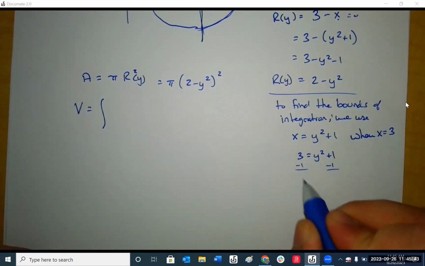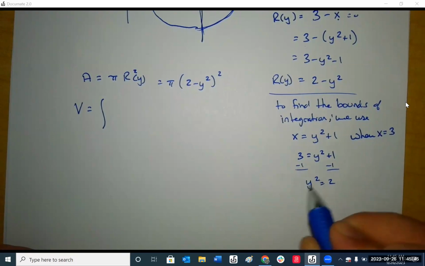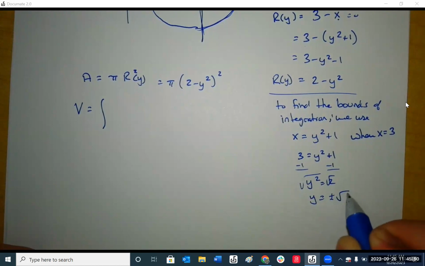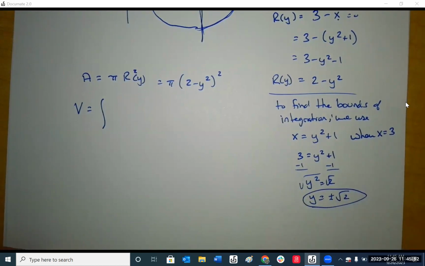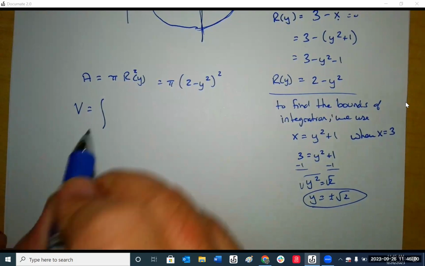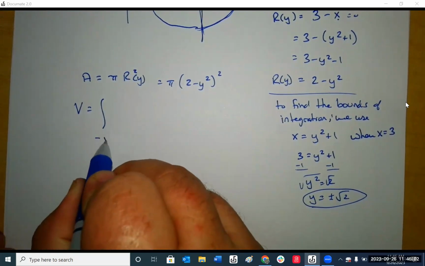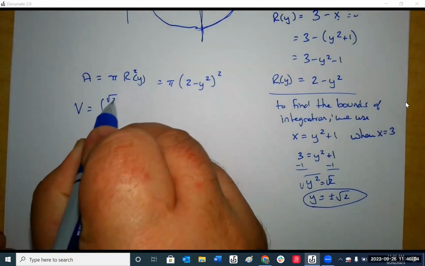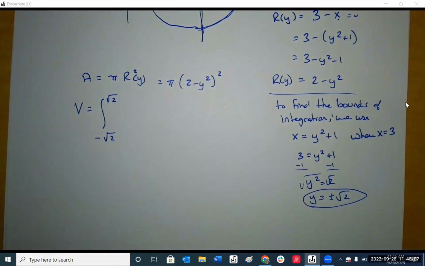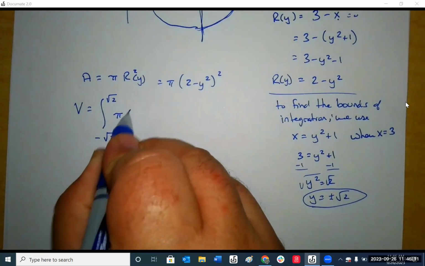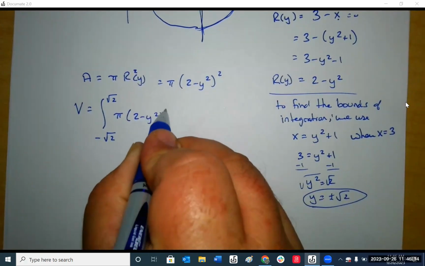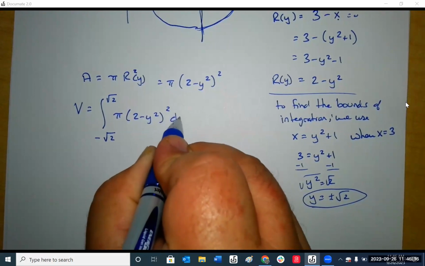Subtract 1 from both sides. Y squared equals 2. Square root both sides. Y equals plus or minus square root of 2. Those are our bounds. So we go from negative square root of 2 to positive square root of 2, of (2 minus y squared) squared dy.